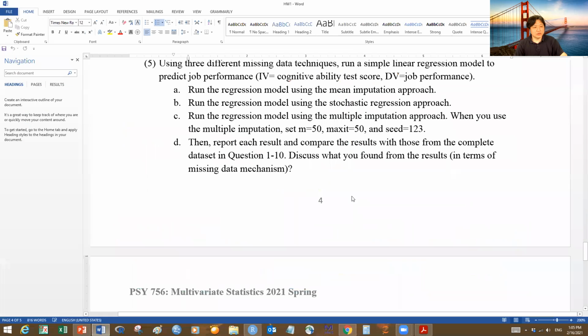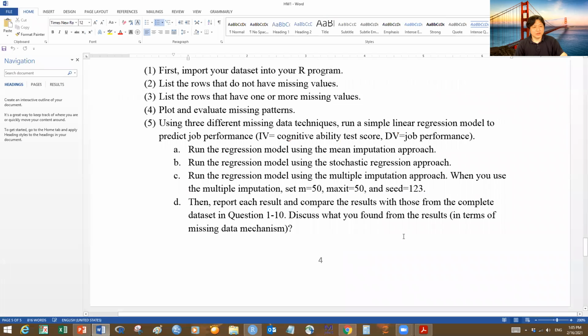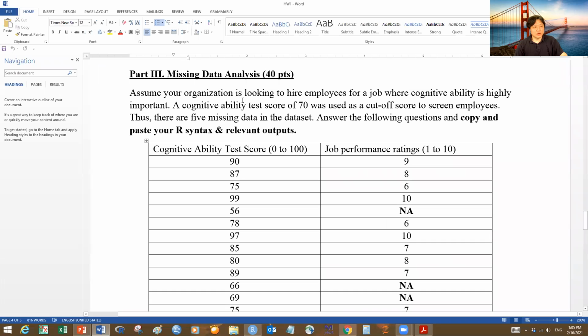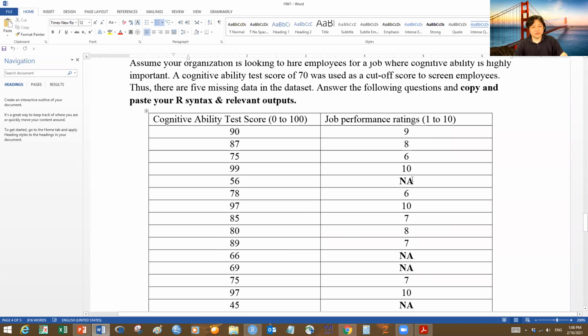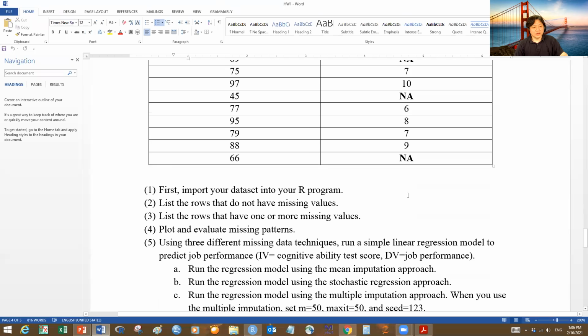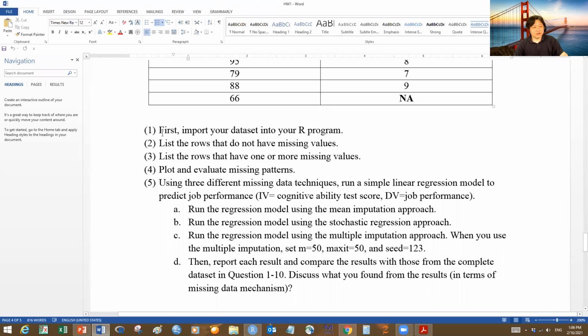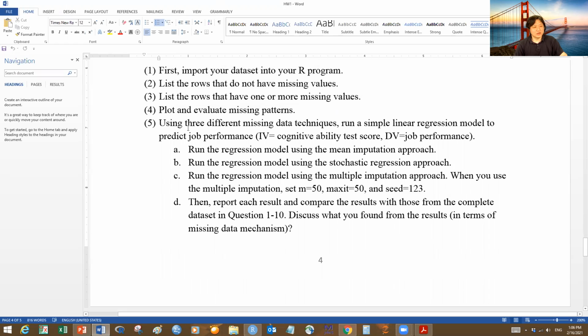So I will go back to the homework one more time. This is homework 4, question part 3. Here are the missing values, right? You can easily do this one. Use all the example codes in my R code, and run regression using the mean imputation approach, the stochastic regression approach, and then the multiple imputation approach.